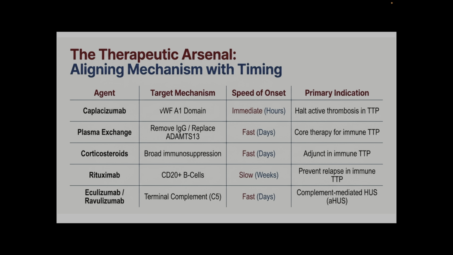Corticosteroids provide immunosuppression. Rituximab works more slowly over weeks to reduce the risk of relapse. And complement inhibitors target terminal complement activation in complement mediated HUS. So, treatment should not be thought of as choosing one drug, it is about matching the right mechanism to the right disease at the right time.